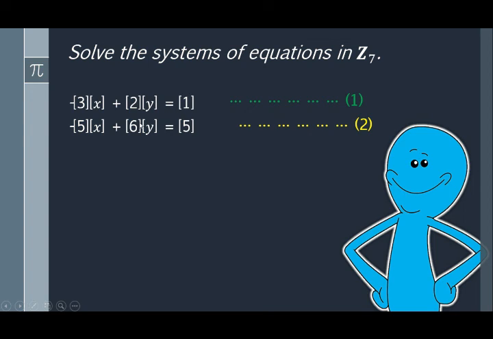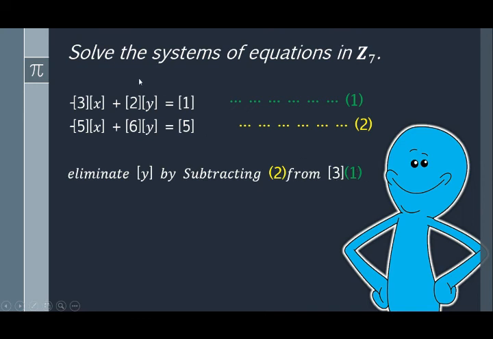So I want to create a new equation that has only one unknown variable. I'm going to eliminate the congruence class of y from the combination of the two equations, by subtracting equation 2 from the congruence class of 3 times equation 1.